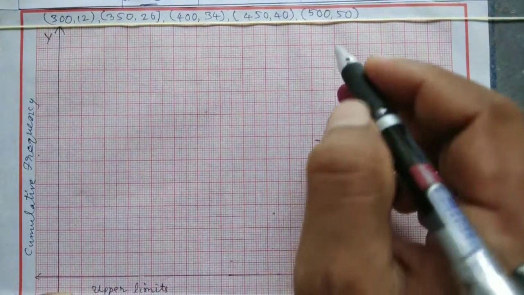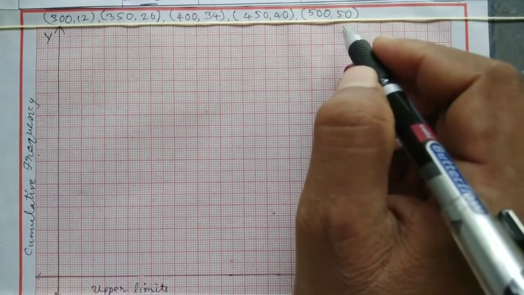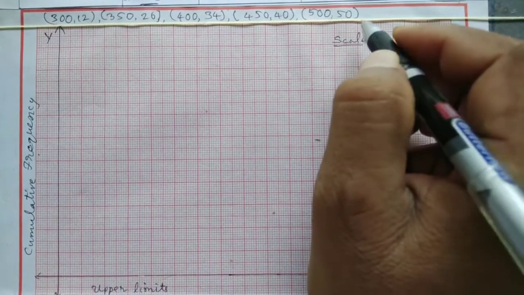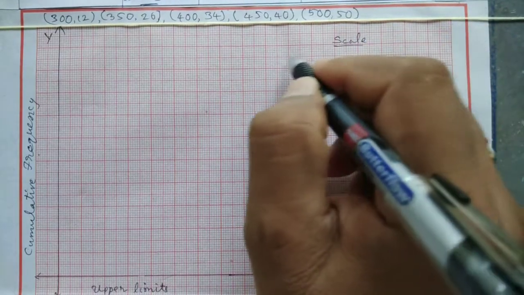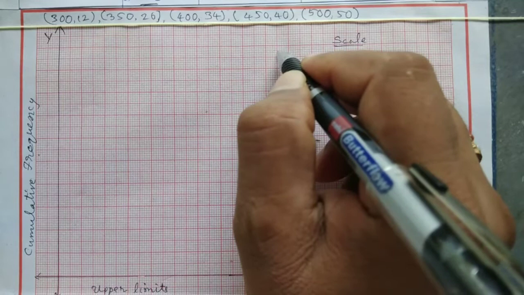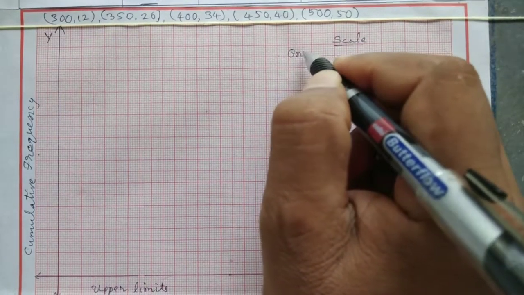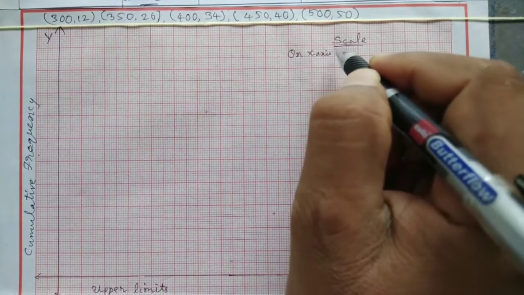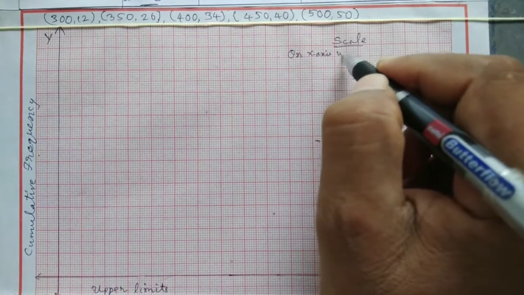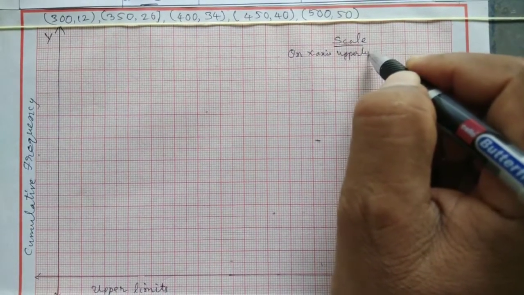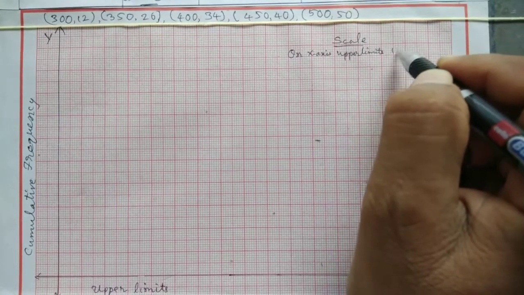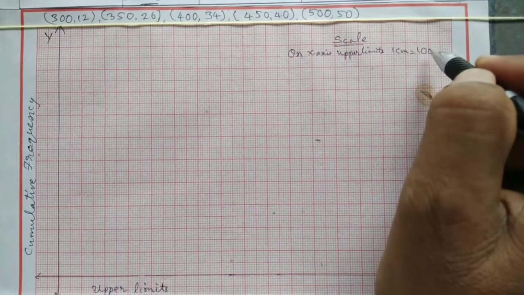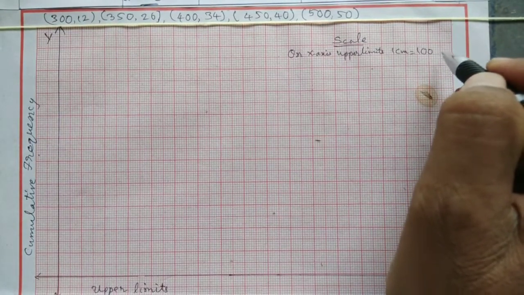Now we have to take a scale. On the x-axis, upper limits, 1 centimeter is 100 units.